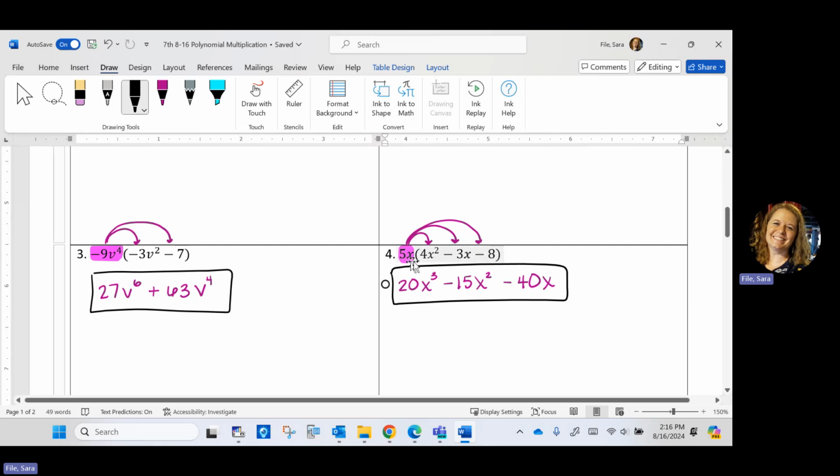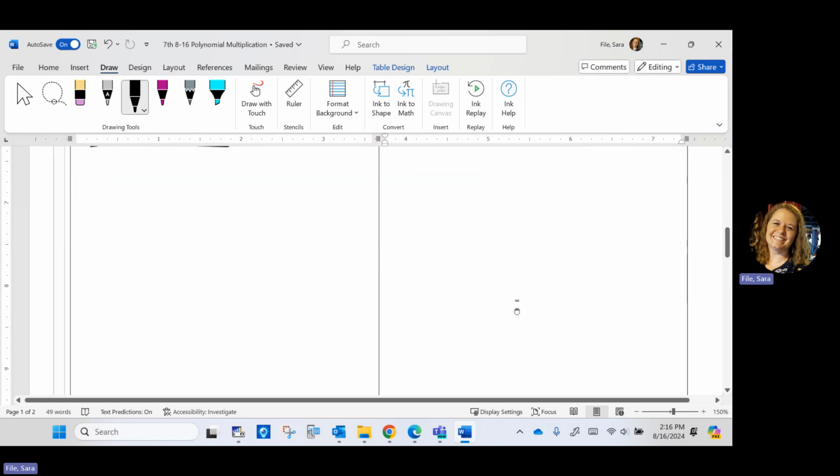Because remember, when you don't see an exponent on the variable, it's an understood 1. So don't forget that there's an imaginary 1 there. Okay, so then when you distribute the 5x to the -3x, you get -15x squared. And when you distribute it to the -8, you get -40x. Good.